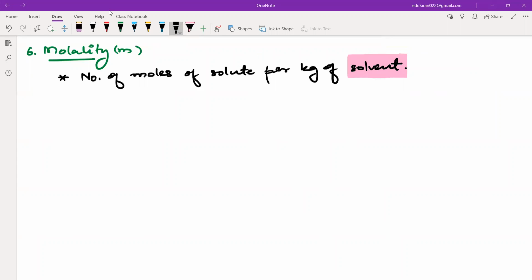The formula will be m equal to nB, the number of moles, divided by per kg, which means mass. We are talking about the weight W of solvent in terms of kg. The unit will be mole per kg.